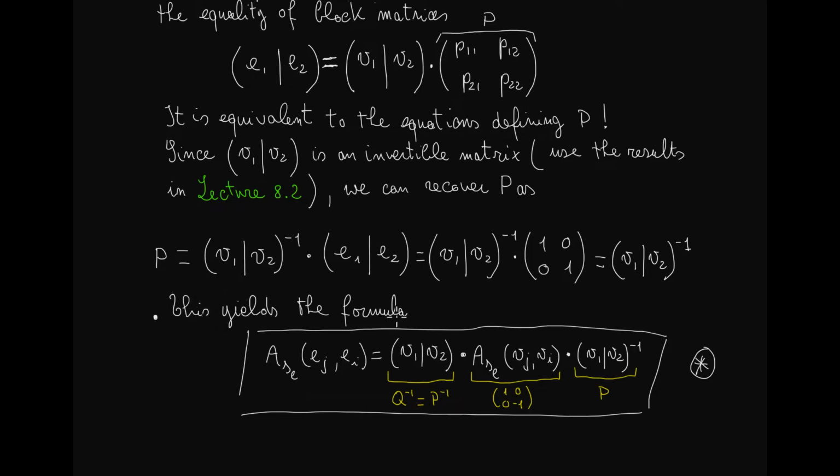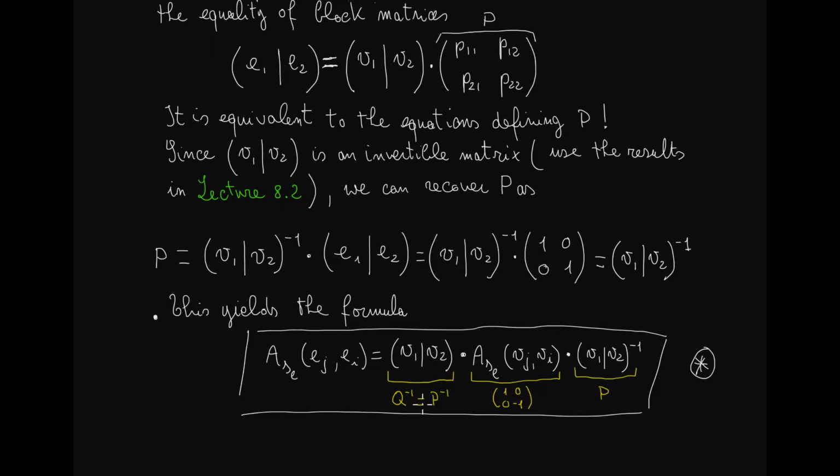This yields the following formula. The associated matrix of the axial symmetry around the L-axis with respect of the canonical basis of the domain and codomain equals the associated matrix with respect of Vj and Vi on the domain and codomain, and we know this matrix is 1, 0, 0, negative 1, and we multiply this matrix on the right by P and on the left by Q minus 1.